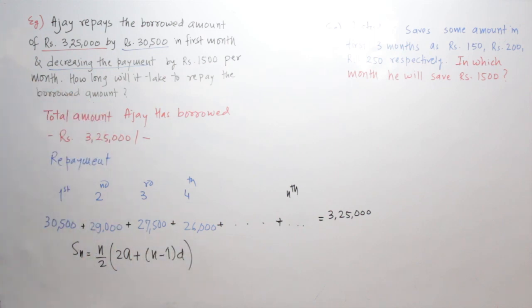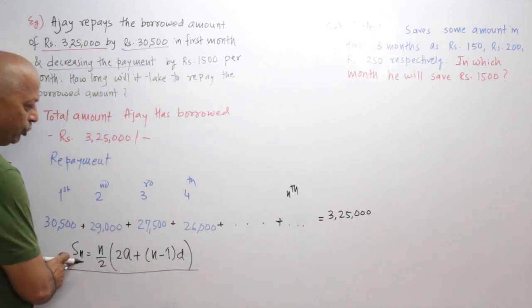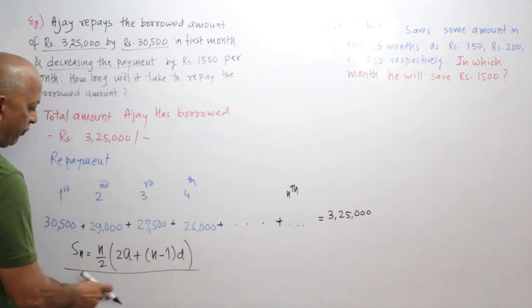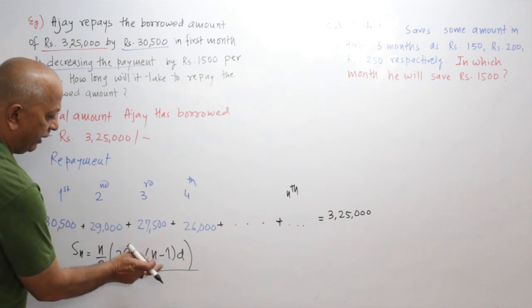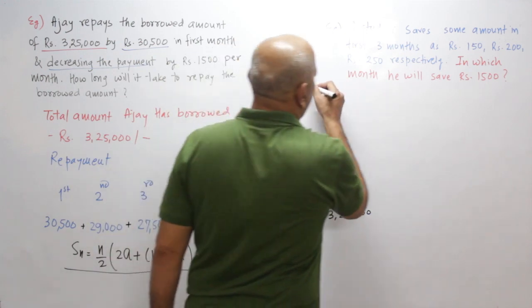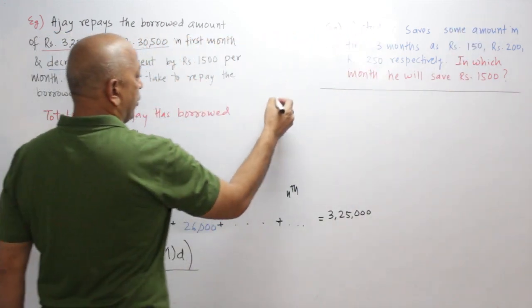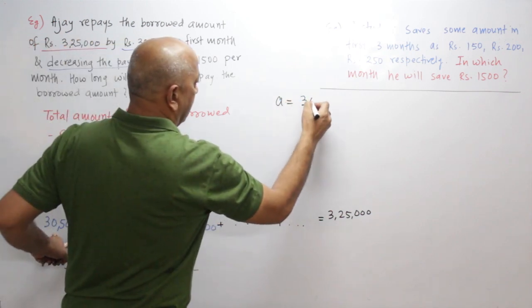This is the formula. We know the sum. Total sum is 3,25,000. We know the common difference, we can calculate. We know the first term. So now it's only a matter of calculating n. This we will solve later. So first term A we know is 30,500.